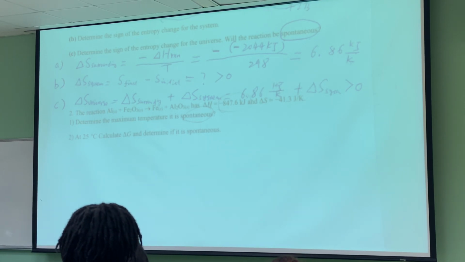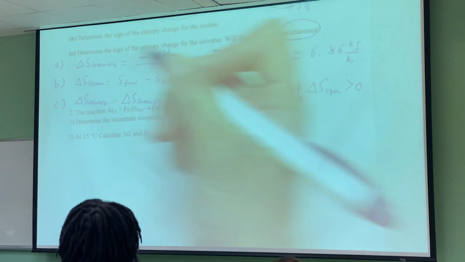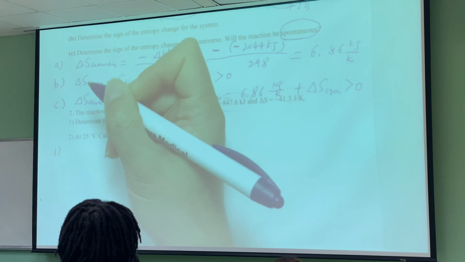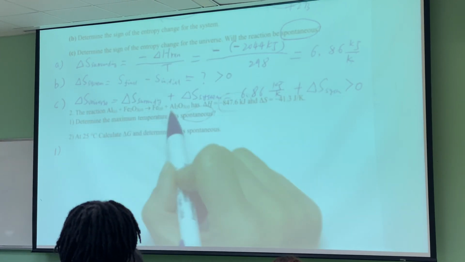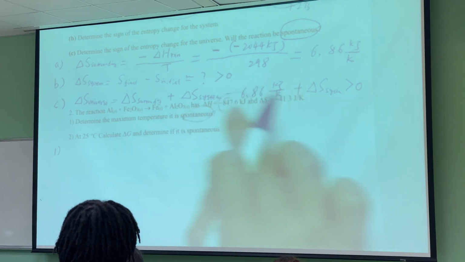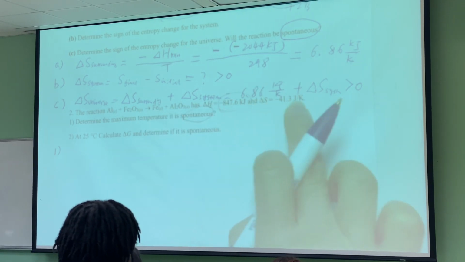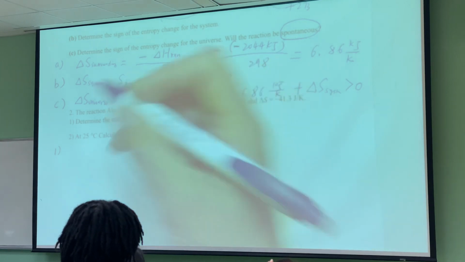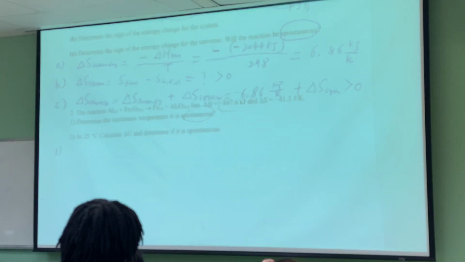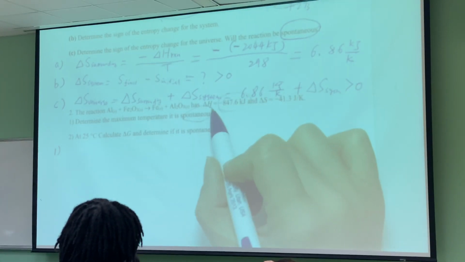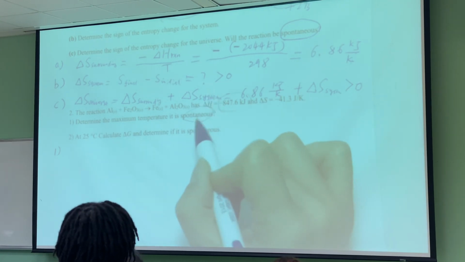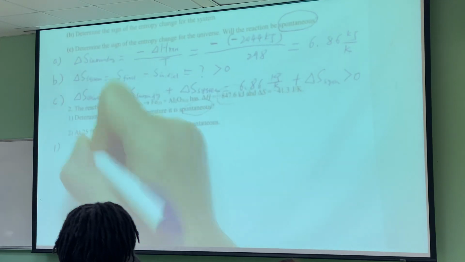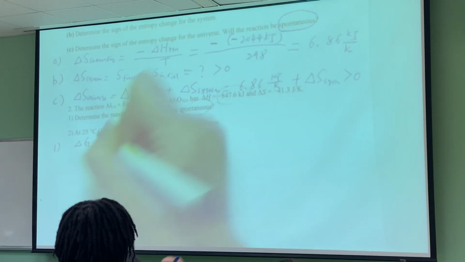Okay? Let's see which temperature I need. Let's say number 1. So this reaction, all solid, and you're given delta H, delta S. So the equation that connects delta H, delta S, temperature, and spontaneity is your delta G of the reaction, right?